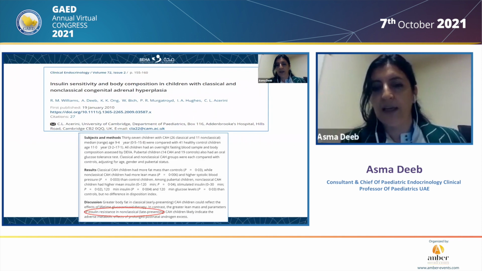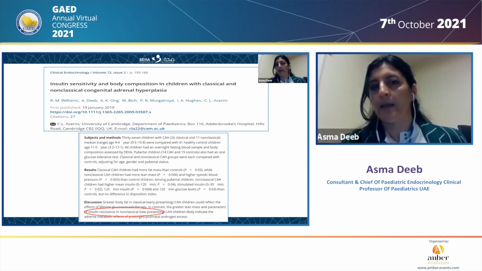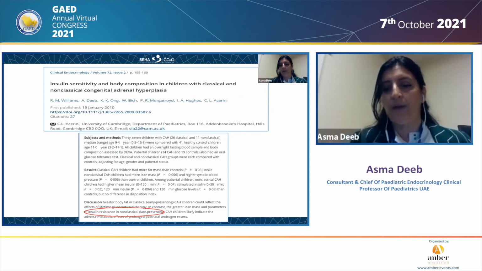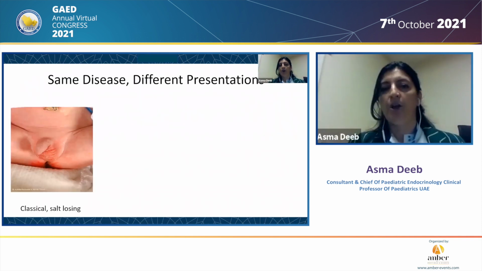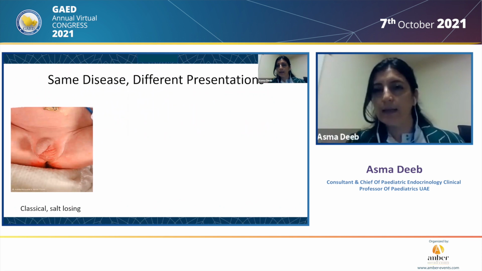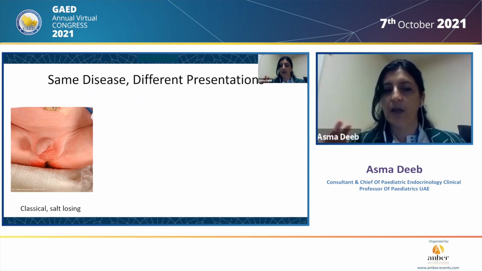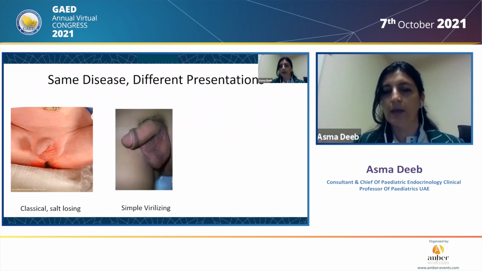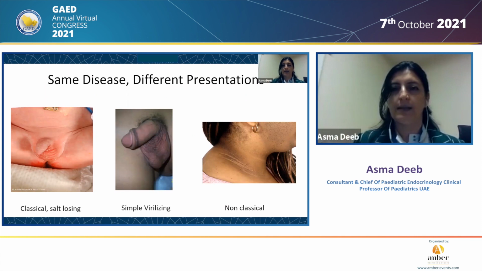And we found clearly that patients or children with non-classical CAH are likely to have insulin resistance, leading in future to the metabolic syndrome. So same disease, ladies and gentlemen, CAH, but different presentations. Classical, salt-losing, simple virilizing, and non-classical. So this is the clinical side.